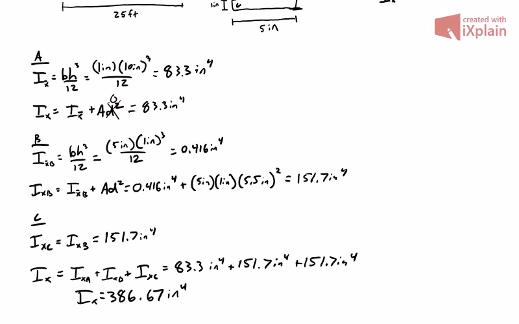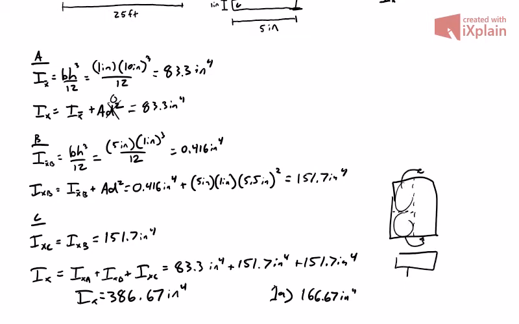Just to compare, the moment of inertia for 1A was 166.67 inches to the fourth. So by taking what was our rectangular beam, cutting it up, and putting those pieces on the end to make an I-beam shape, we've more than doubled our moment of inertia.